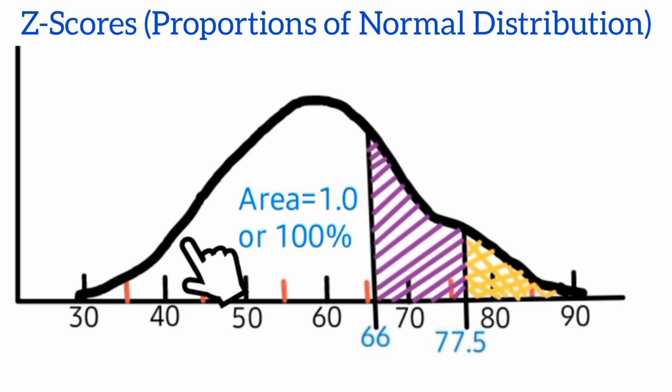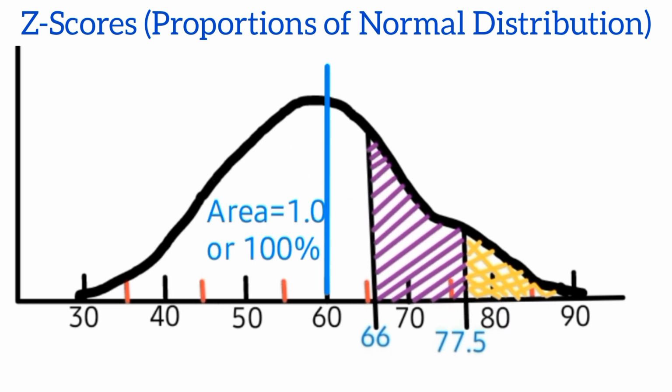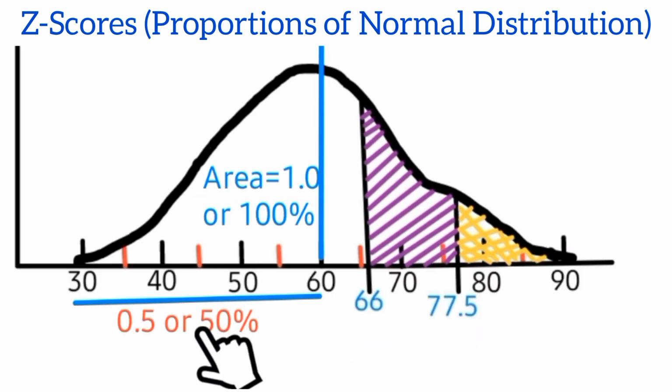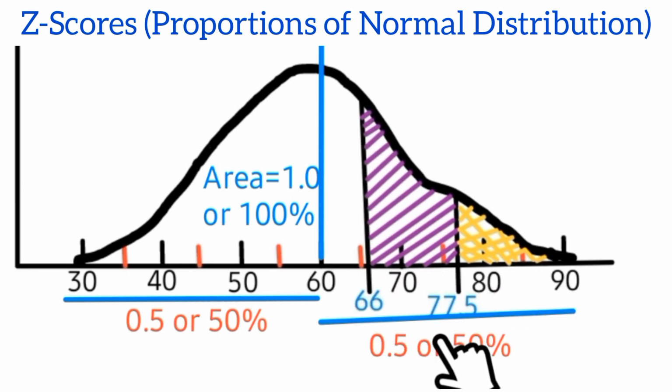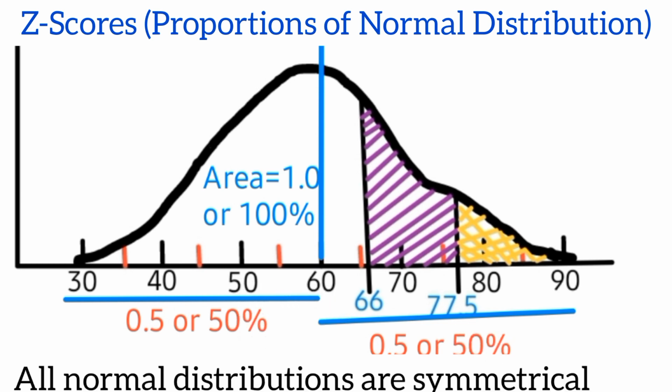This simply entails that dividing this normal curve into two equal halves, from the middle value here being 60 down to 30 will be 0.5 or 50%, while the remaining area of the curve, that is from this point to this point, is also 0.5 or 50%. This agrees with the theory which states that all normal distributions are symmetrical.